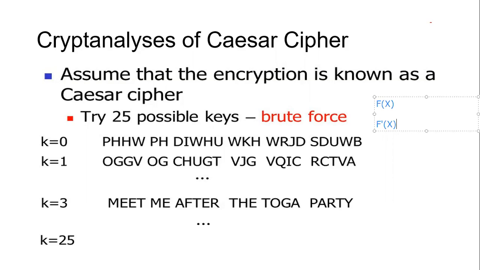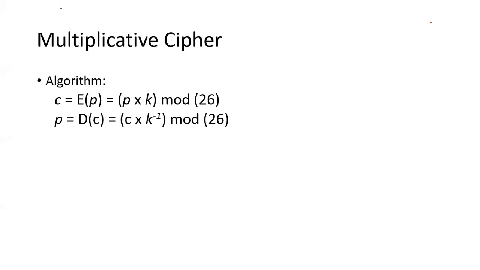After the Caesar cipher brute force attack understanding, we will come up with a new algorithm that is called multiplicative. Students, in this slide, I have written the algorithm for encryption and decryption in the multiplicative cipher. Here you can see that the algorithm is similar to the Caesar cipher, but one thing is different, that is the symbol of multiplication.